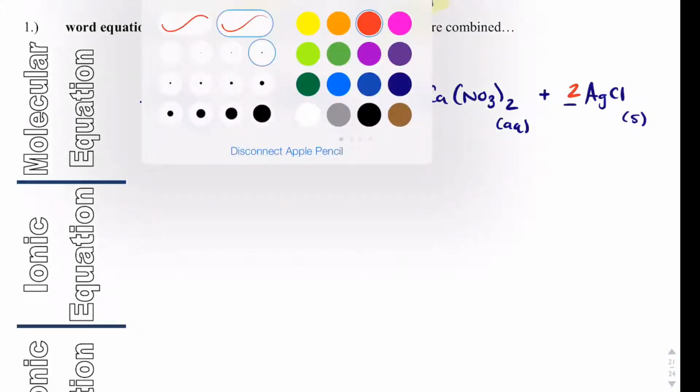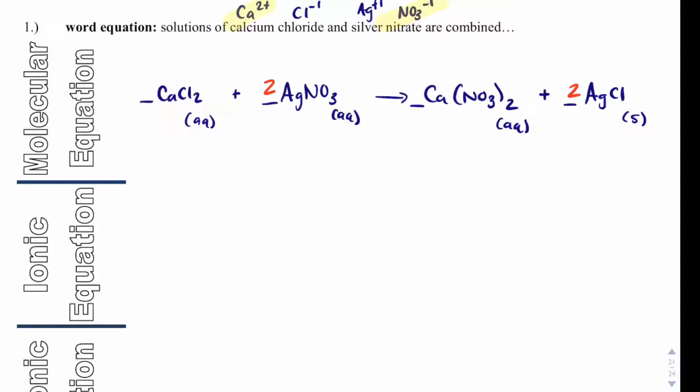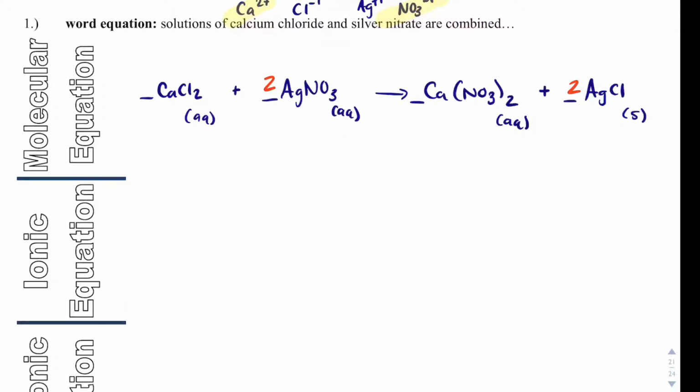Okay, now let's go ahead and write the ionic equation. What the ionic equation means is we're going to break up aqueous compounds, only aqueous. So my calcium chloride, I'm going to write as Ca2+ plus Cl-1, calcium and chloride ions, and those are both aqueous.